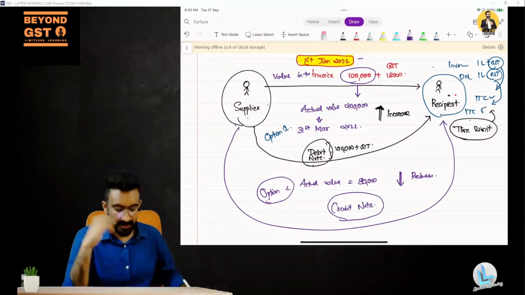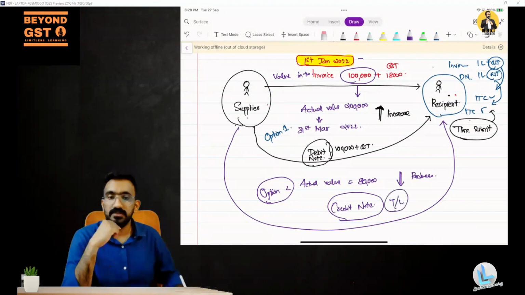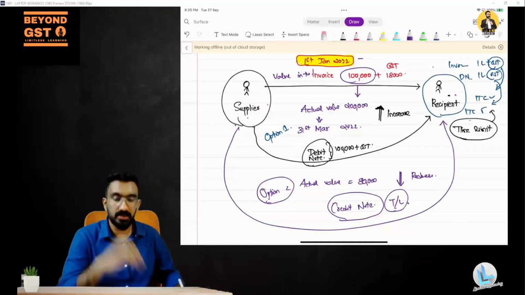It will decrease. So there is a time limit for issuing a credit note itself. Listen carefully. There's a time limit for issuing a credit note.